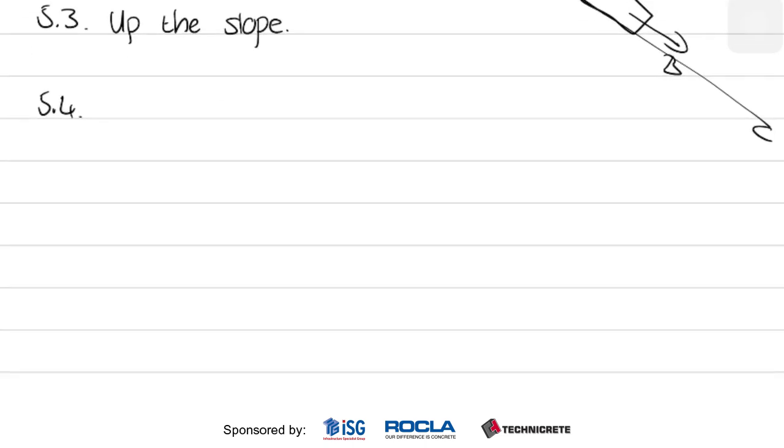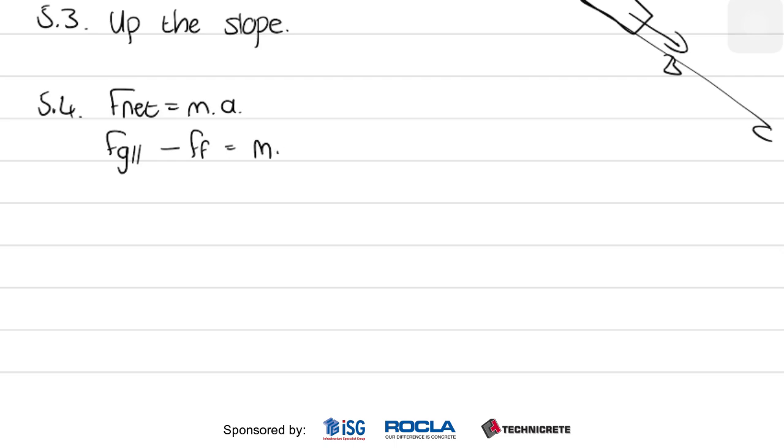Again, our main equation, our F net is equal to M times A. What do we know our F net is equal to? Well, we know our F net is our parallel gravity force, minus our frictional force, which will equal to our mass times our acceleration.